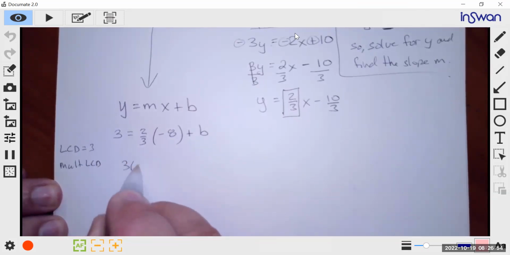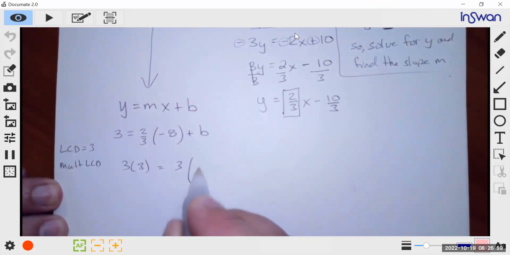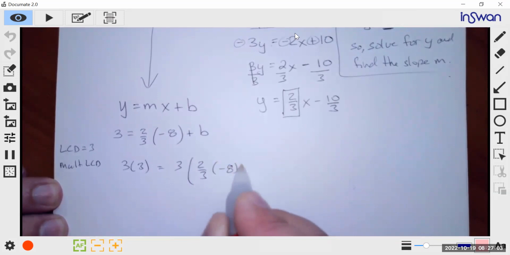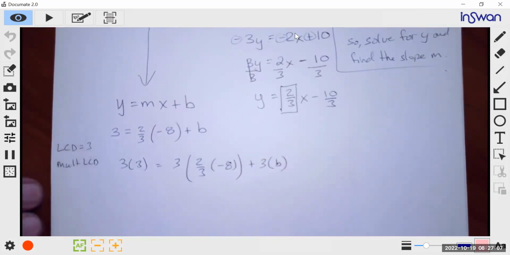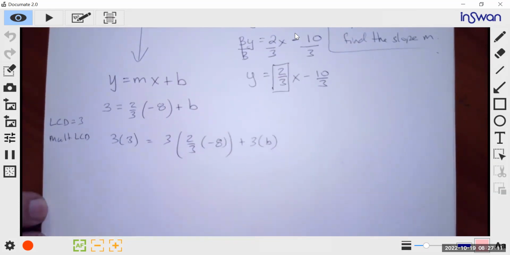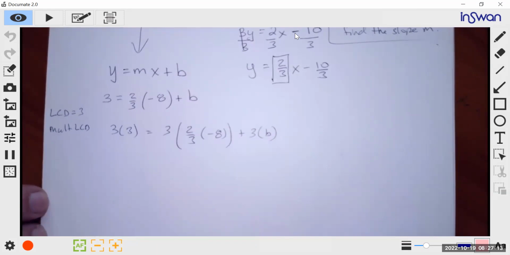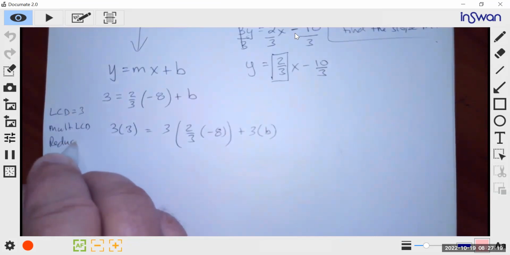So 3 times 3, 3 times 2/3, times -8 plus 3 times b. What's our third step? Reduce. Always cancel.